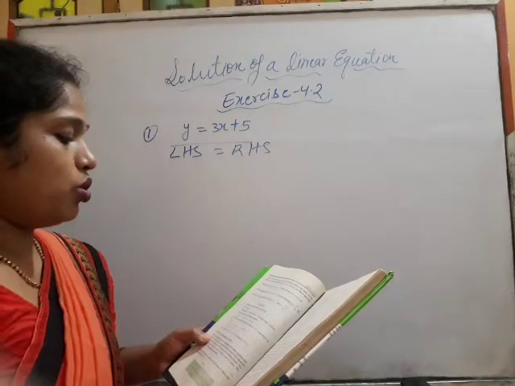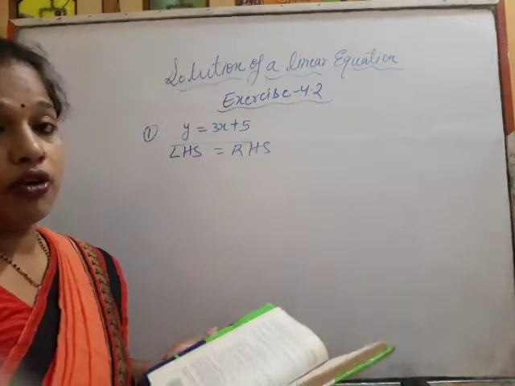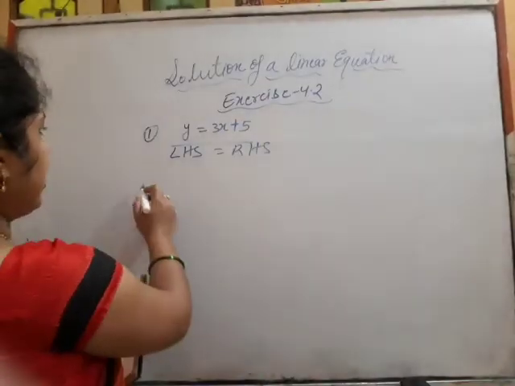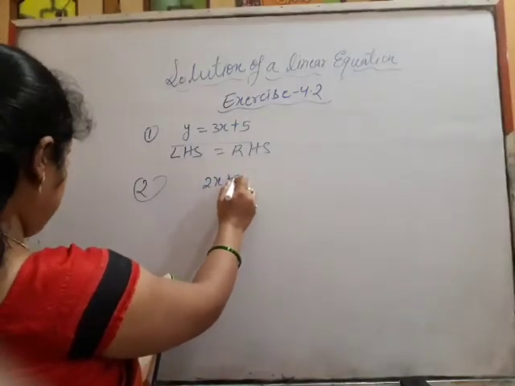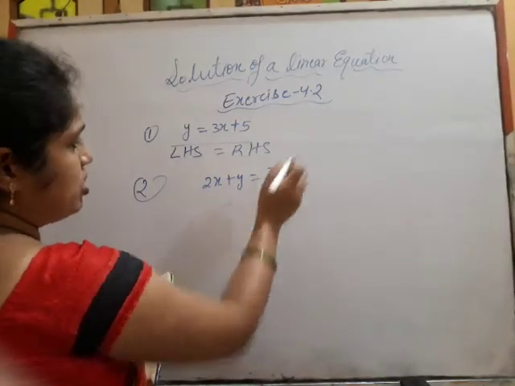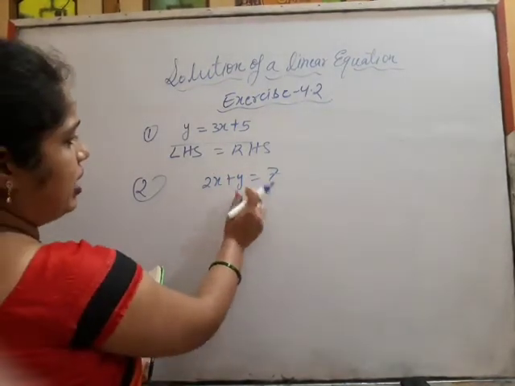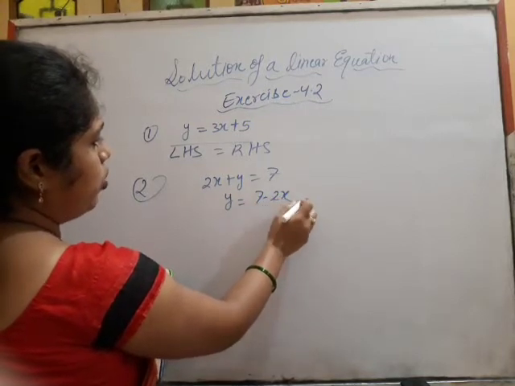Now question number 2. Write 4 solutions for each of the following equations. Suppose the equation is 2x + y = 7. If we leave y on one side, y = 7 - 2x.